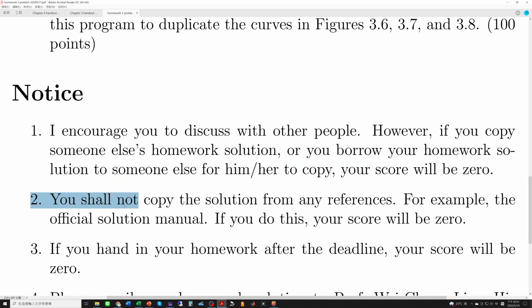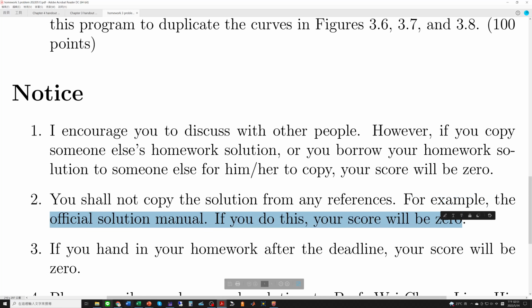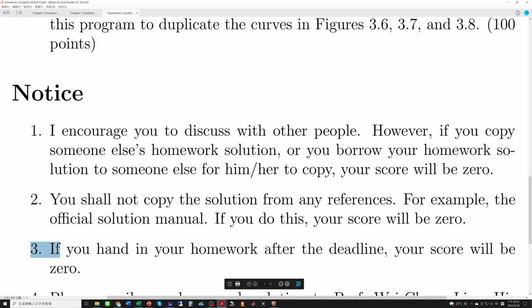Second, you shall not copy the solution from any references, for example, the official solution manual. If you do this, your score will be 0. Third, if you hand in your homework after the deadline, your score will be 0.